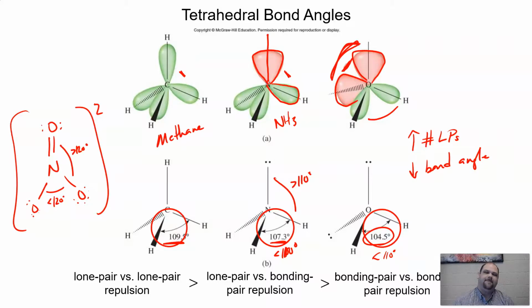So anytime we have more electrons in a particular region, they're going to push bonds away from that space, and so this top angle becomes more than 120 degrees. This bottom angle, that's where they get closer together based on the pushing of that double bond.